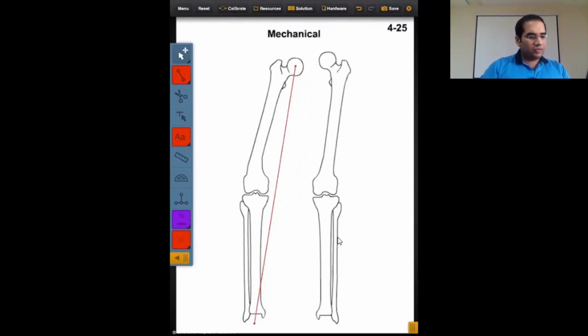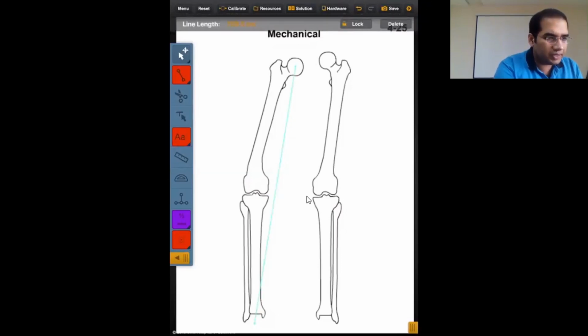This mechanical axis of the limb is going to answer the first component of our planning. Is there a deformity? And as you can see in this X-ray, there is a deformity. The mechanical axis of the limb is passing medial to the knee joint, so we can say that there is a varus deformity.